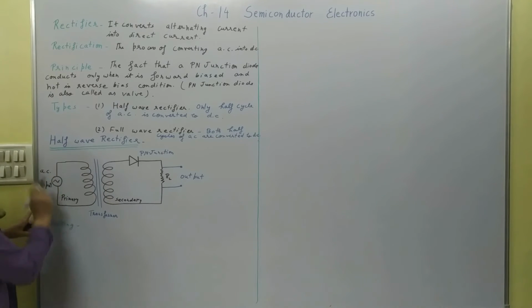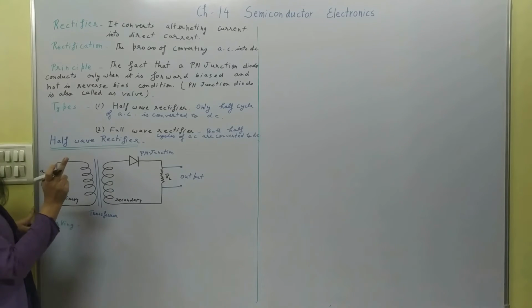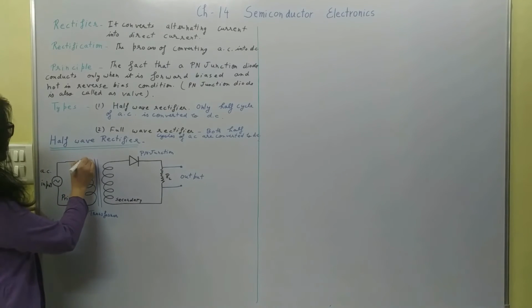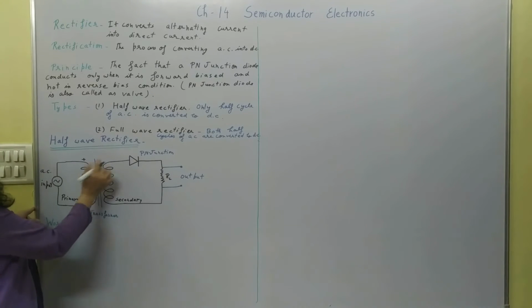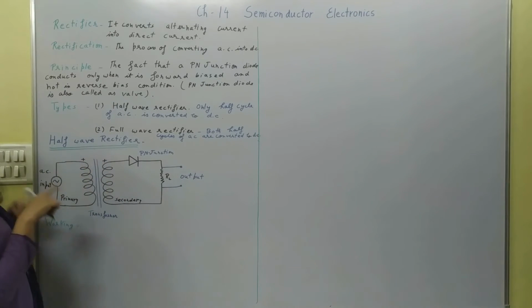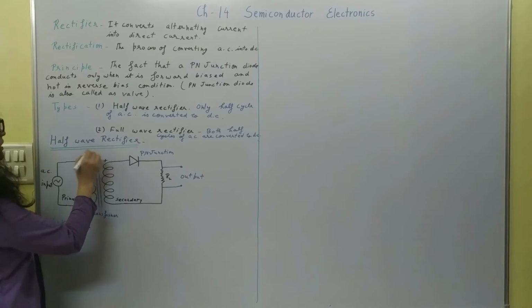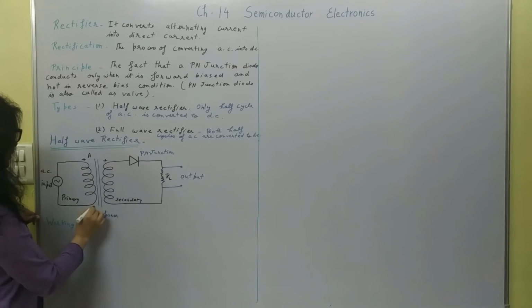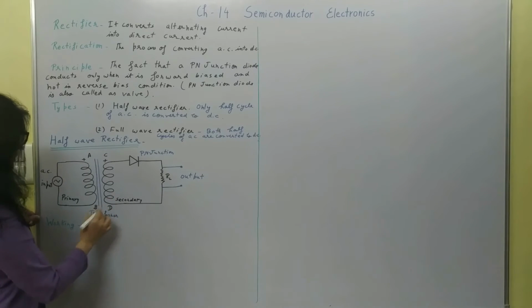So when the first half cycle is positive polarity, then this side will be positive, and since this coil is inductively coupled to this, this will be positive, and that's why this P side is connected to this positive. We can say that the PN junction is forward biased. I can mark these as A, B, C, D.